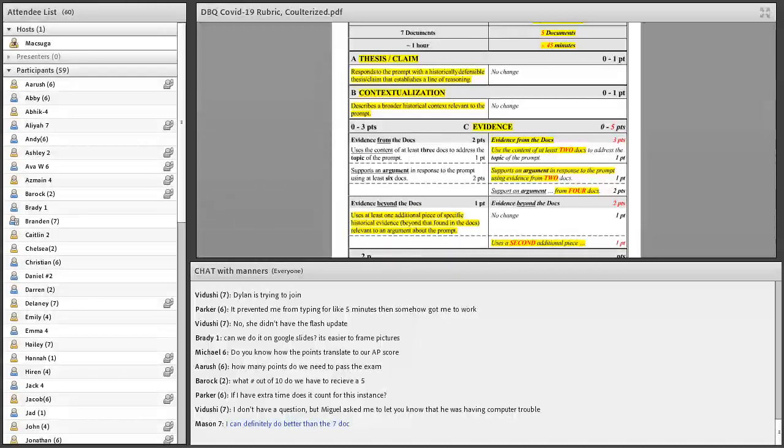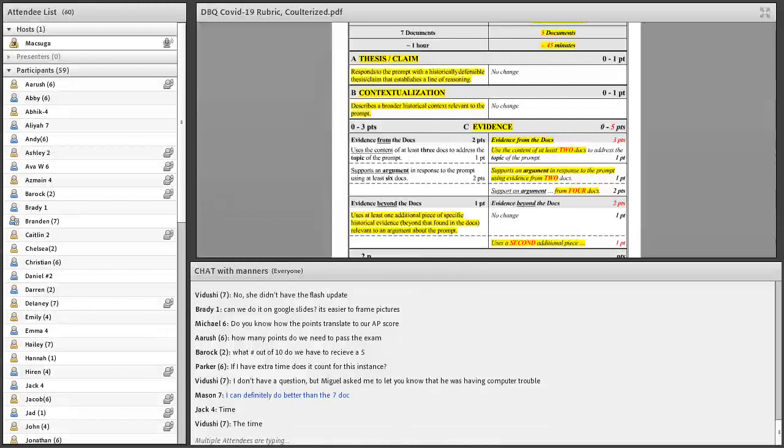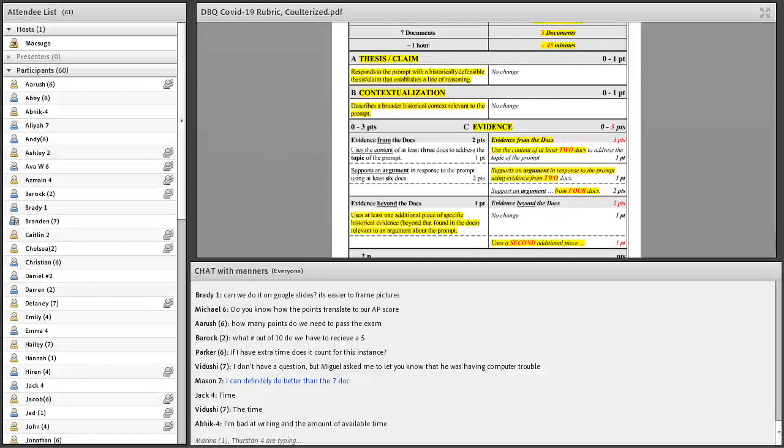groupings. So those of you that didn't raise your hand, what's your hang up? What are you worried about? Jack, I agree with that. And I think that that's why they're lenient on the part where it says the evidence that you have to have 2 documents supporting an argument to get 2 points there, right?